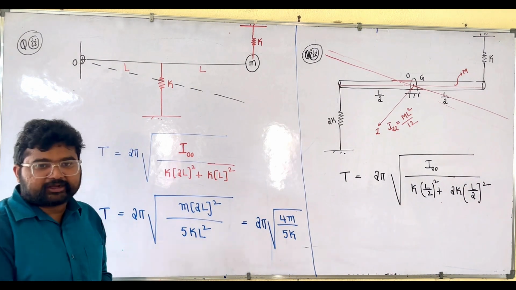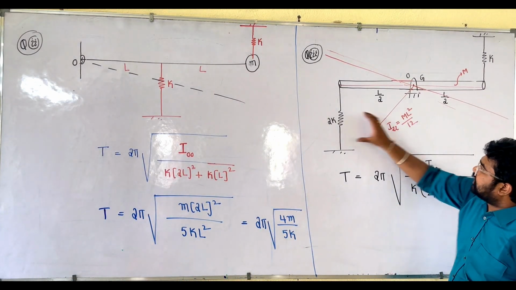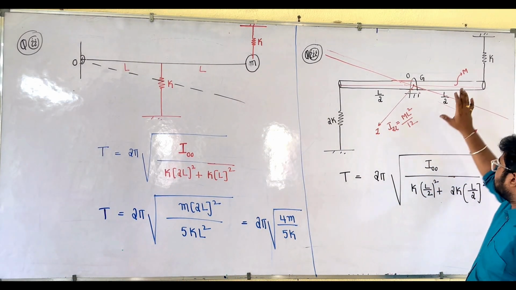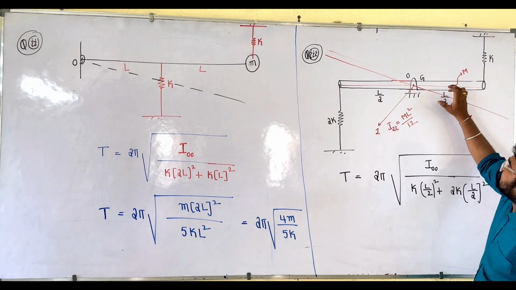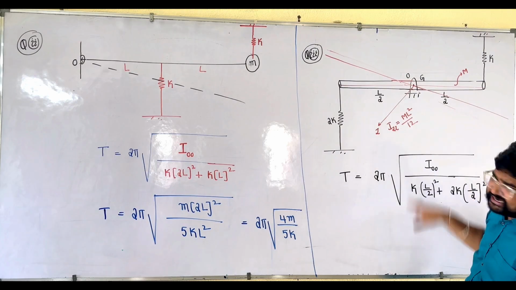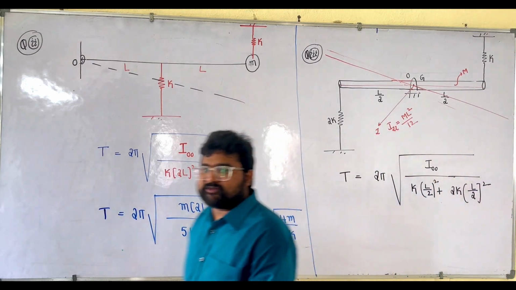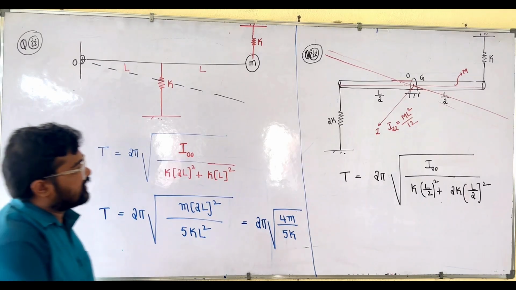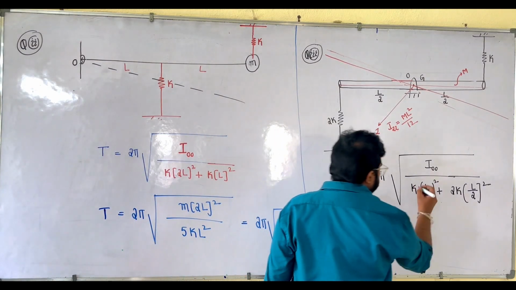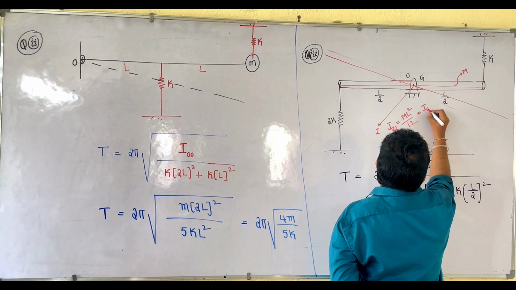Are you clear or not? So now you have K into distance square and 2K into distance square. Numerator is the mass moment of inertia of the rod about the pivot point. Weight acts downward and deformation is also in the same direction, so neglect the effect of weight. Then what you will get? This becomes I OO.